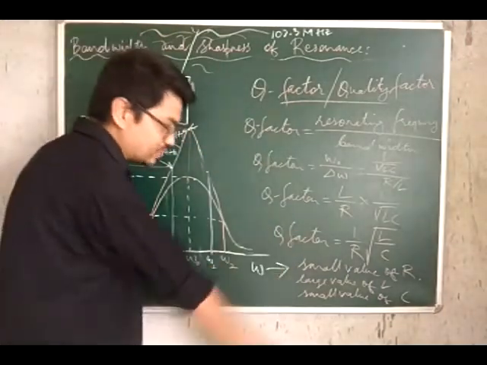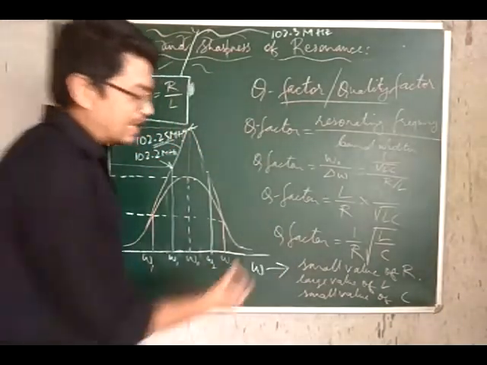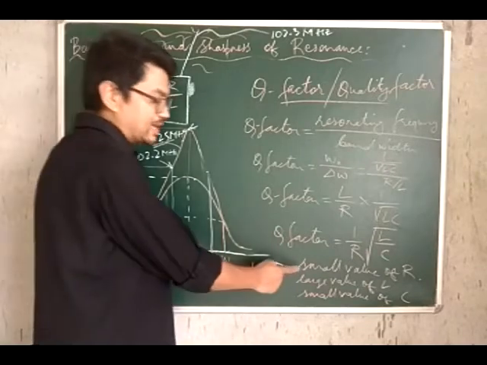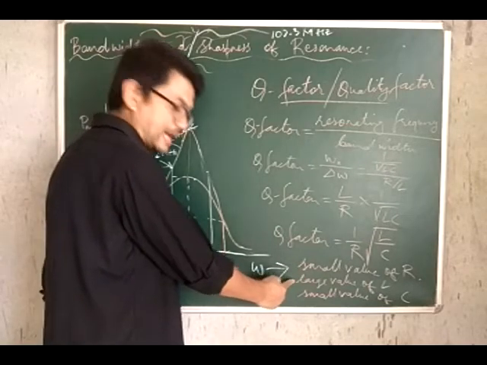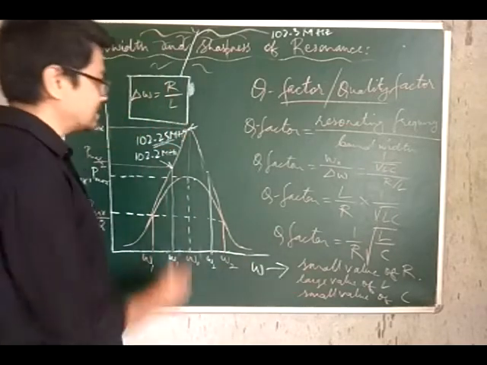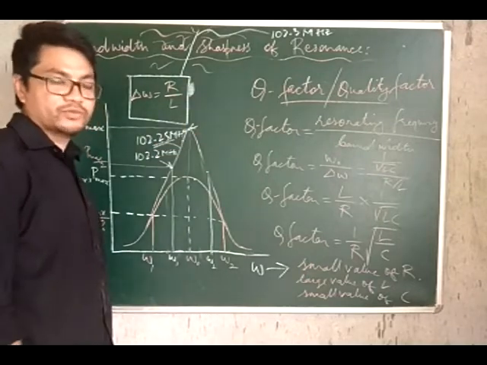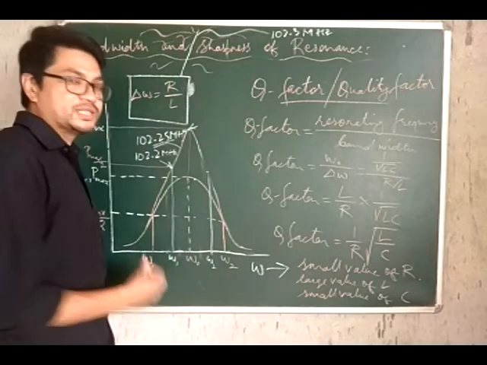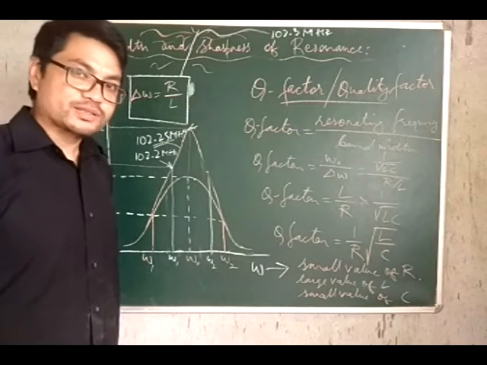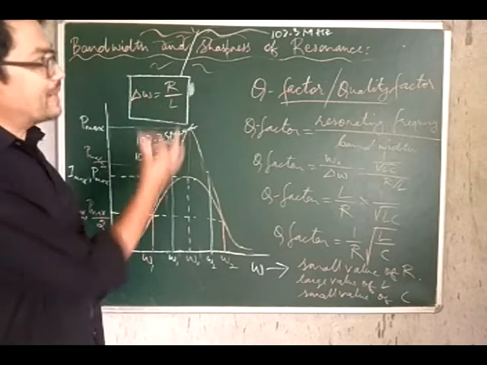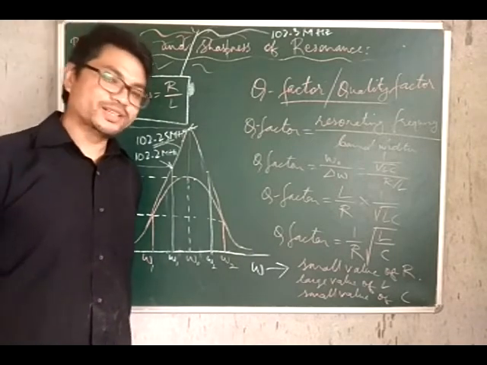So these are the three things that we need to have. Small value of R, large value of L, small value of C, to get a sharp curve, or so to say, for better tuning or better resonance. So this is about your bandwidth and your quality factor.